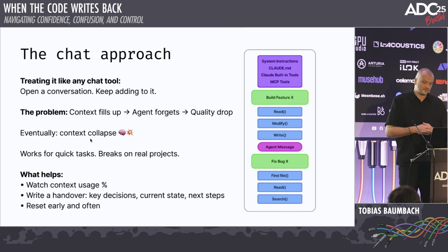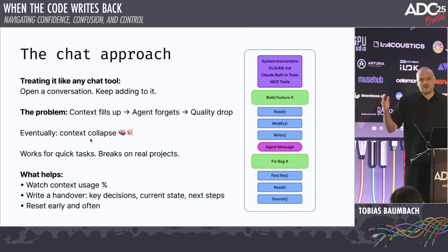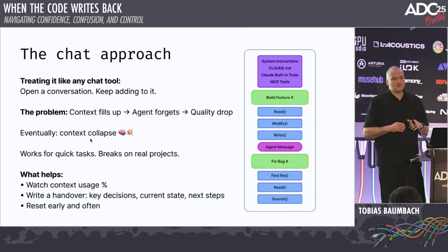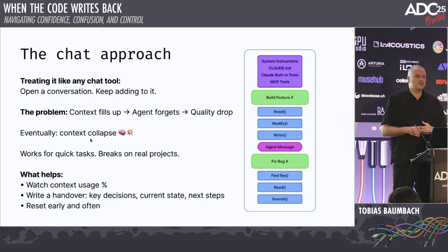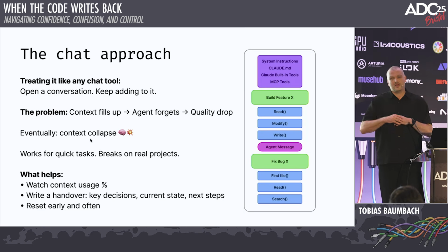so never hit more than 50% or even the state where you need to compact. You can try to avoid this, when you're reaching that point, by doing manual handovers, right? So try to really say, okay, all the conversation we had so far, please document all the key decisions, the current state, and the next steps you need to do, and then you start a new session and start from scratch with this type of information, right?